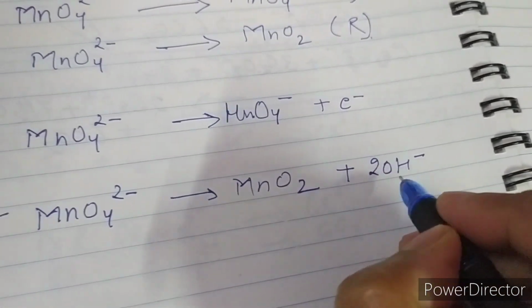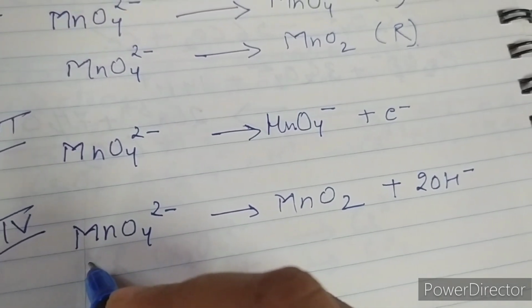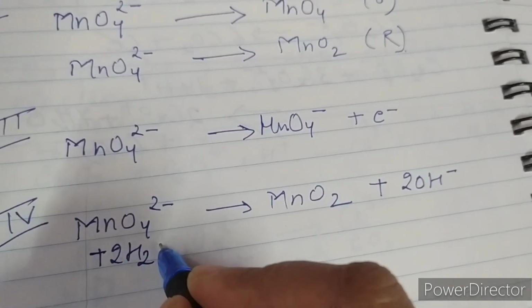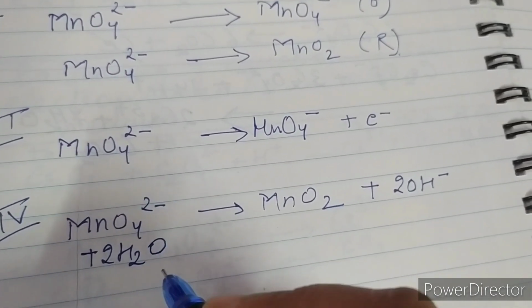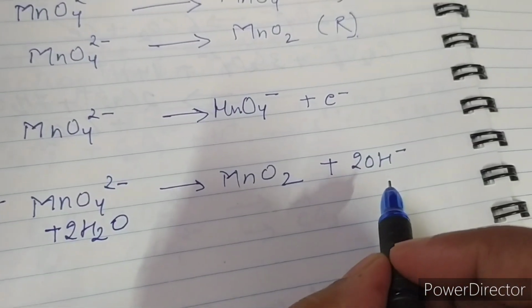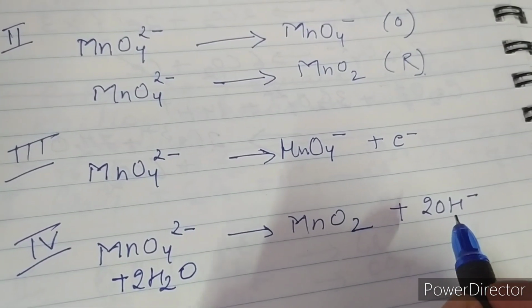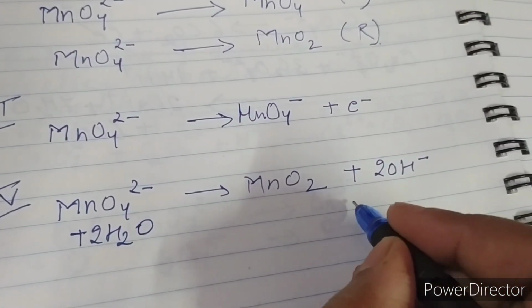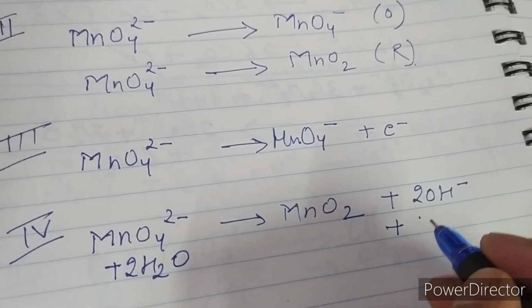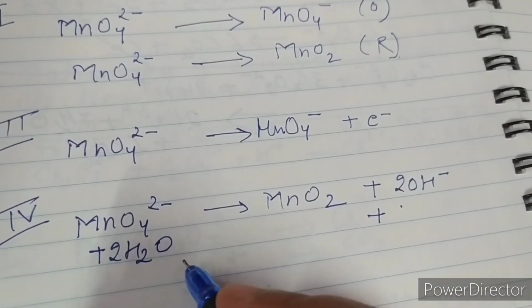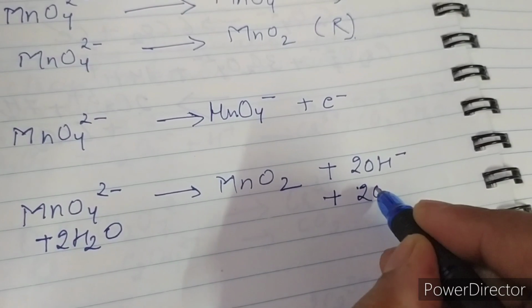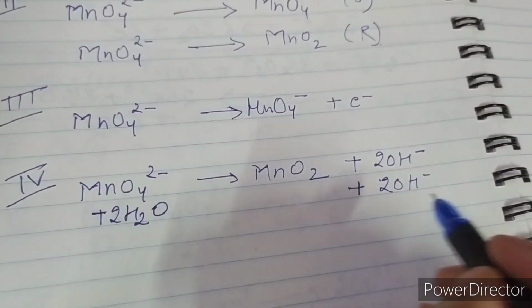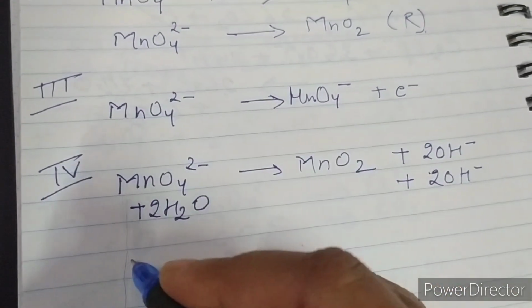Hydrogen deficiency will balance by putting water on the right hand side, so here we'll put 2 water because hydrogen atoms are deficient here, and the same number of OH negative ions are again added on the right hand side because we have added 2 water here, so we'll add 2 OH negative again because it is carried out in basic medium. Now if we summarize it, we'll get here 4 OH negative.